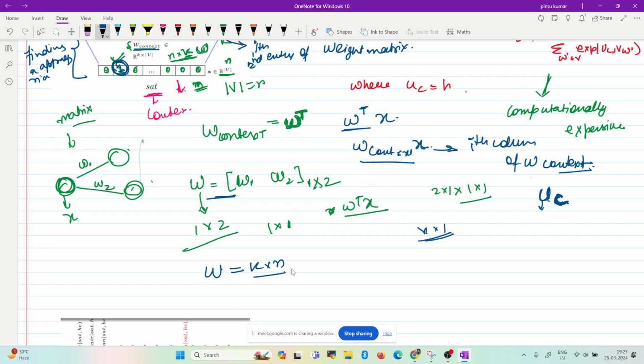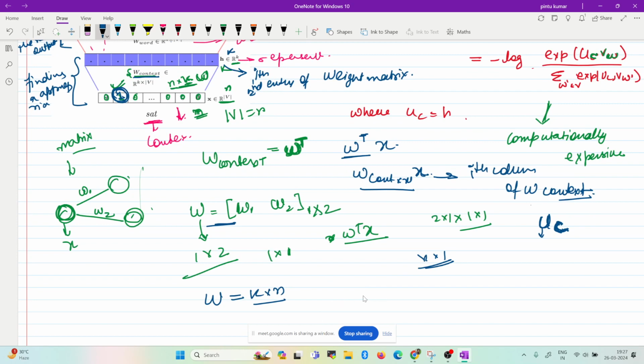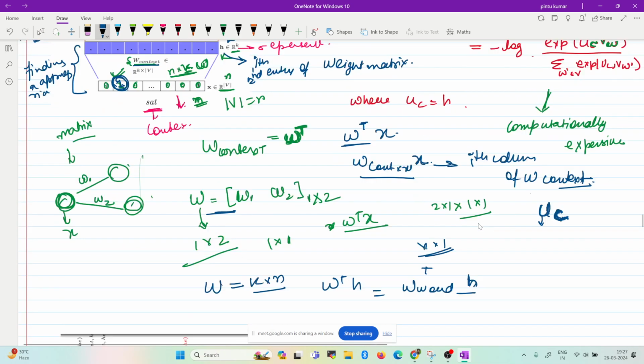And to find its output, you would do W transpose of H, that is, you will do W word transpose H. This is what you will do.